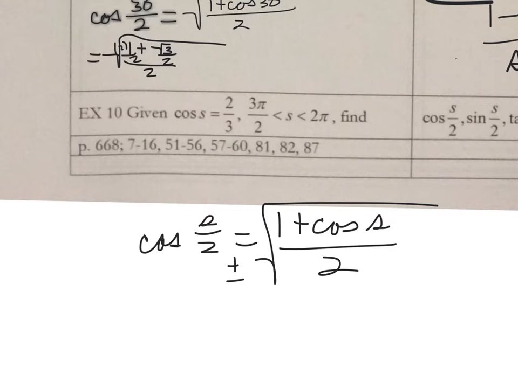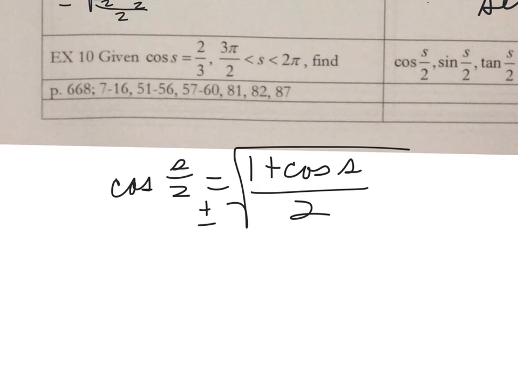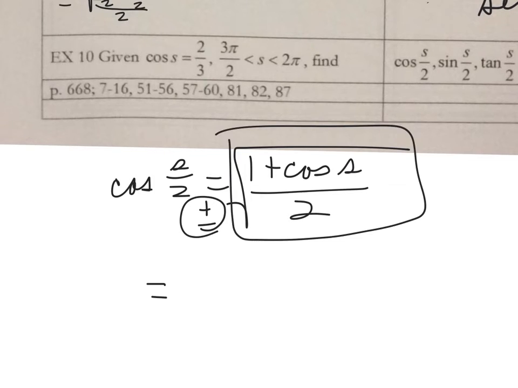Okay, well, at first glance here, this doesn't appear too bad. It appears kind of innocent because we know what cosine s is. So we'll work on the plus or minus here in a few minutes. Let's just work on the square root part right now.